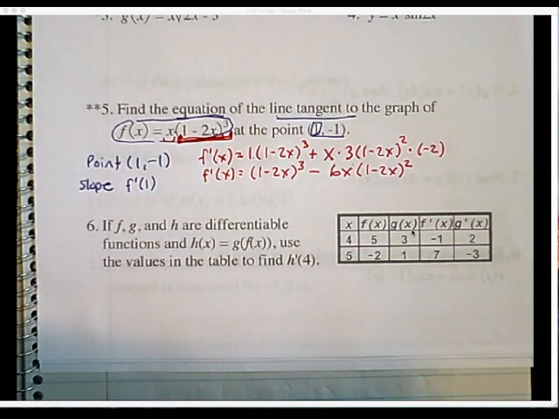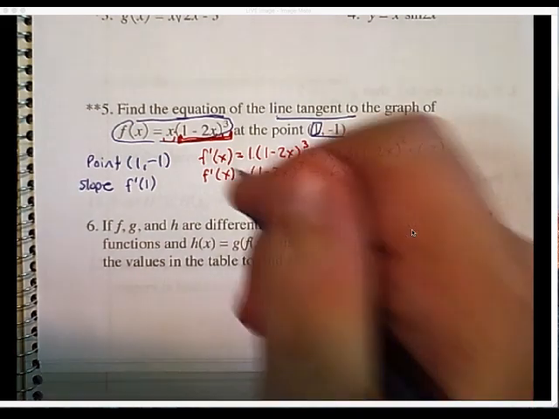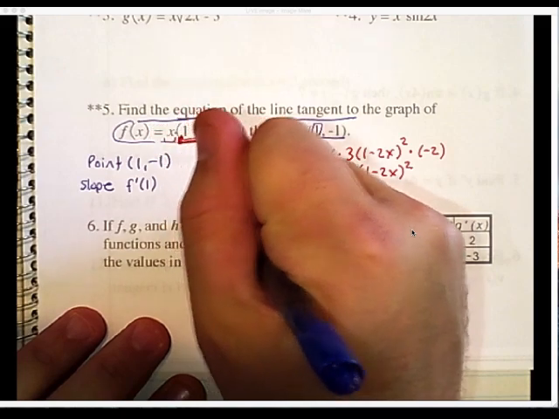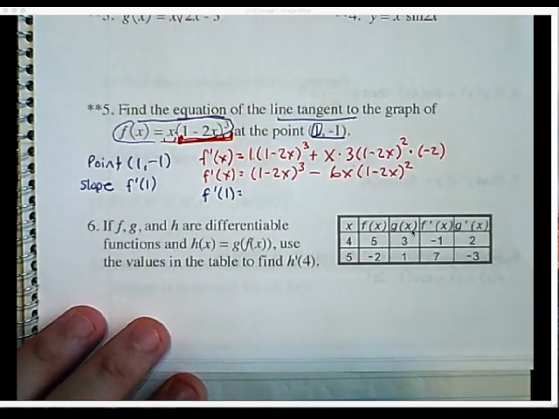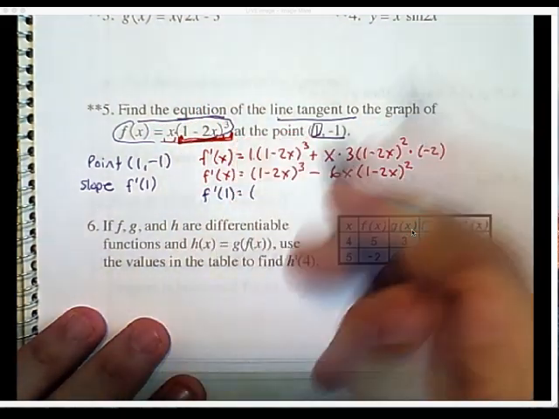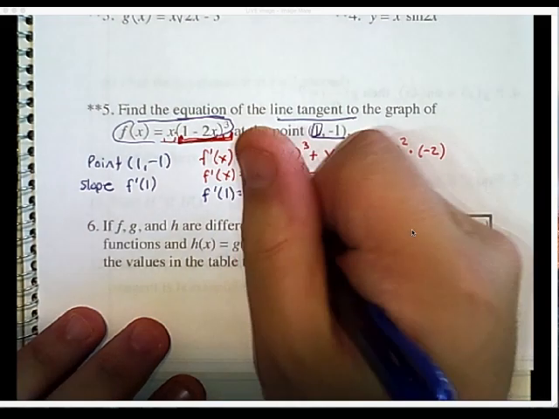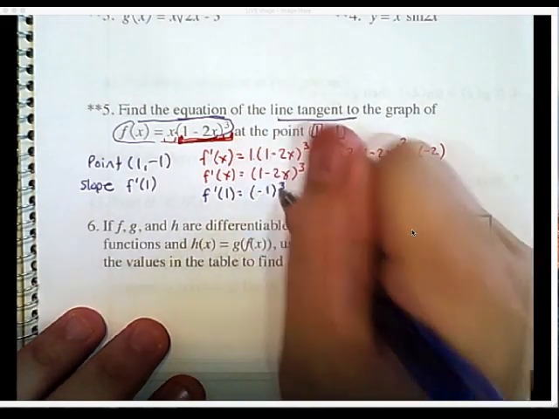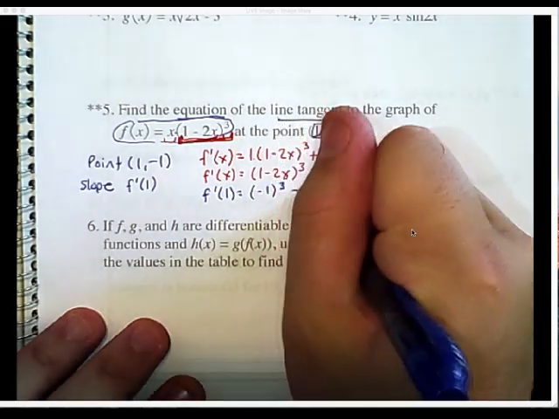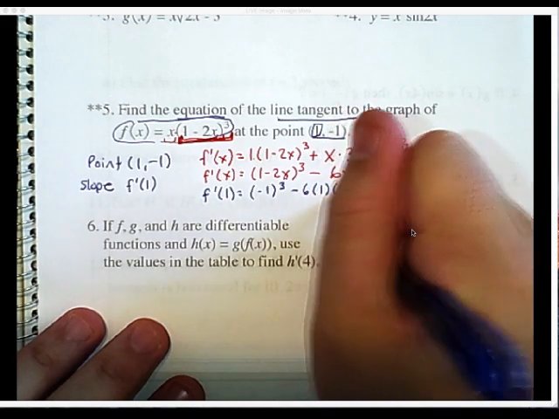Now you could simplify this if you wanted to, but you really don't need to. All we really need to know is what f prime of 1 is. So everywhere you see an x, plug in a 1. So if I plugged in a 1 here, 2 times 1 is 2. 1 minus 2 is -1. So that's -1 cubed minus 6 times 1.